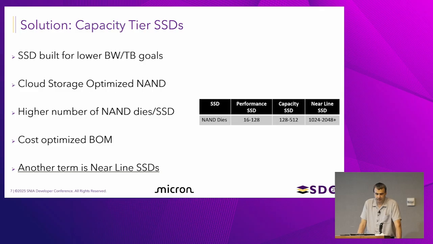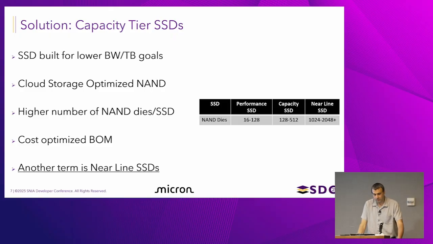And some of the ways you do this, Micron's personally mentioned this a couple of times, we've talked about cloud storage optimized or CSO NAND. There are other terms for it in industry right now. You'll hear more news about this in the future from an industry point of view, not just from a Micron point of view, which I can't talk about at the moment.